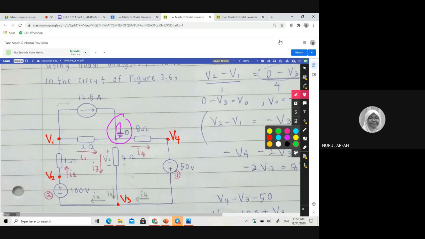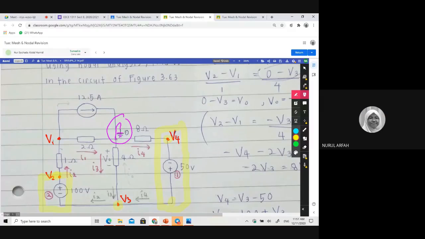And do you have that voltage source in between the nodes? The nodes are unknown. Yes, right. So you have this one as your super node, and this one also a super node. Because V3 is unknown, V2 unknown, V4 unknown, and V3 here also unknown.